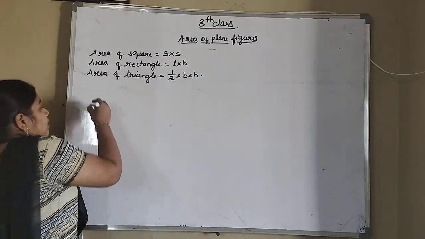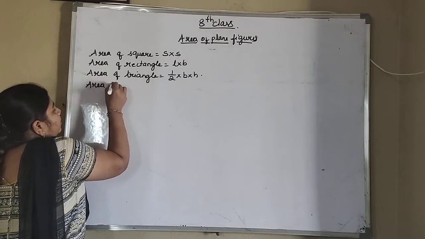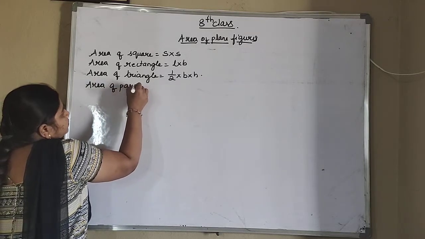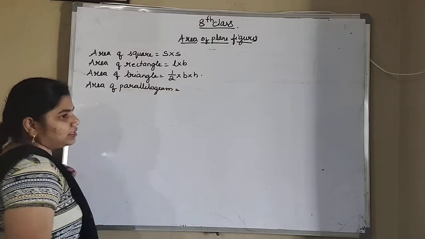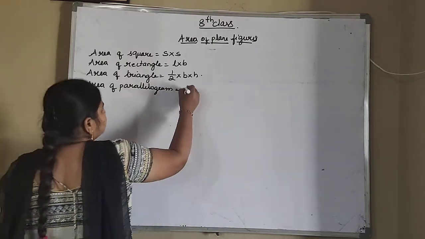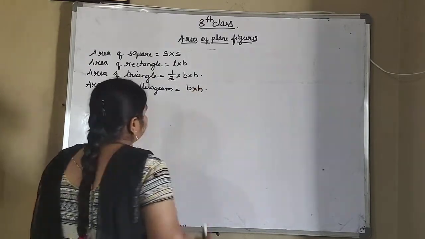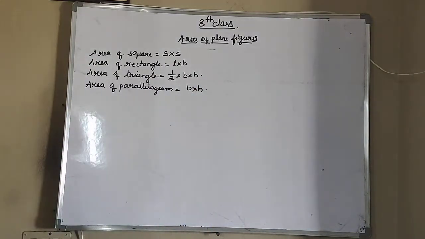The next formula is the area of a parallelogram, which is base into height. These formulas we have learned in 7th class itself, so these four formulas we already know.